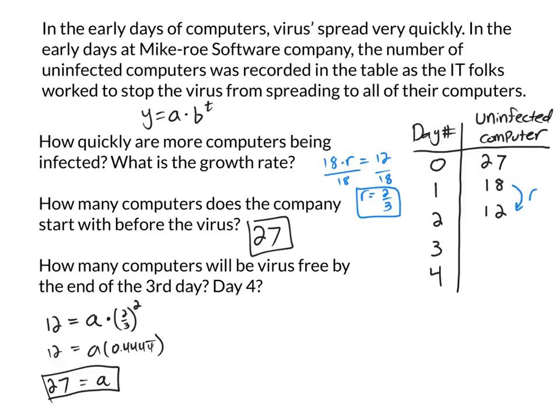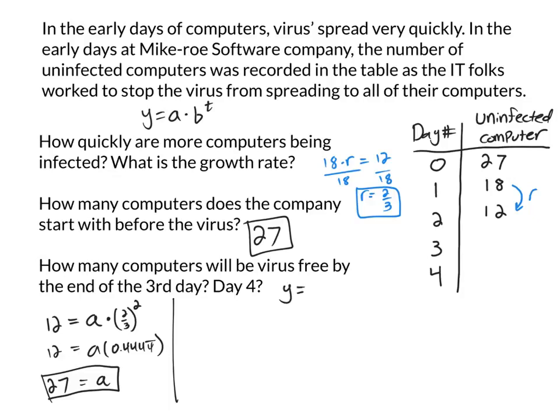How many computers will be virus-free by the end of the 3rd day? So if we have an equation that models how many computers are left uninfected, then we can solve. So we now know all the information we need to write an equation.